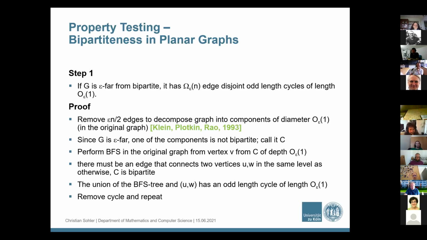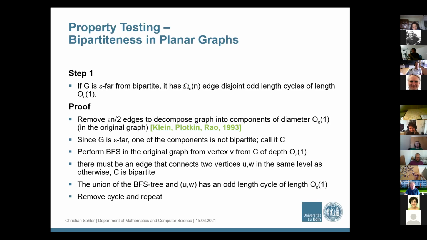So we can use an analog of the planar separator theorem. Now, the planar separator theorem doesn't help us directly because the separator might involve many edges. So we cannot argue that we just remove all the edges incident to the separating vertices.